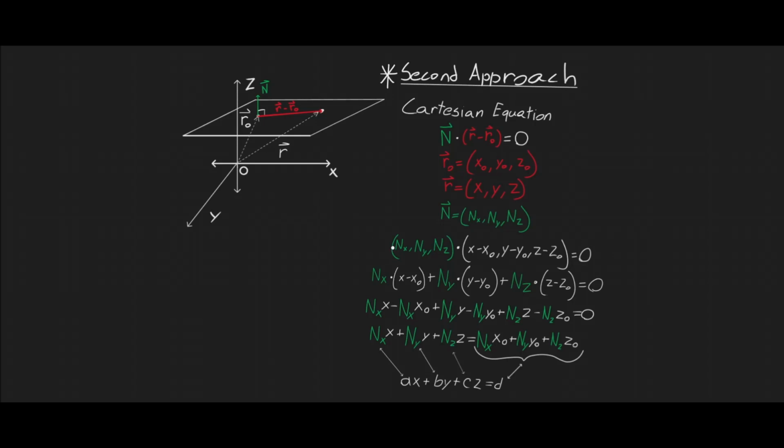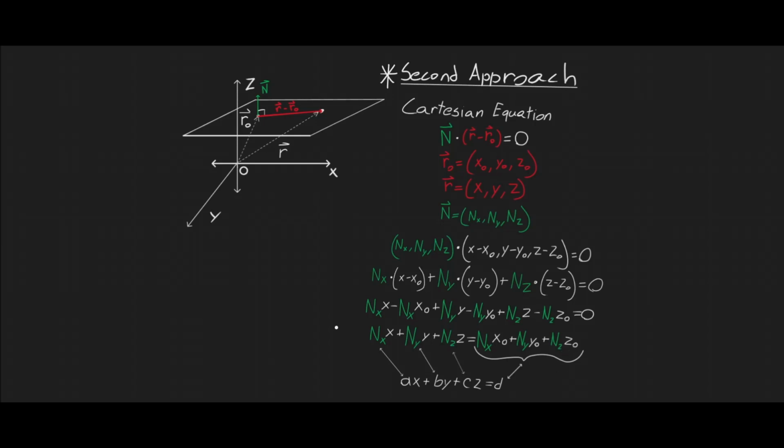Then we perform the dot product by multiplying each of the components and adding them all together. And when we simplify, we get that nx times x plus ny times y plus nz times z is equal to nx times x0 plus ny times y0 plus nz times z0.